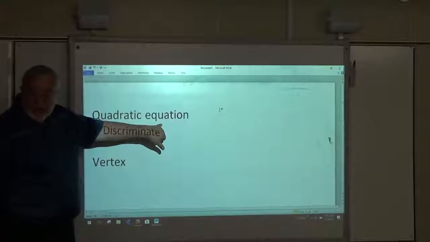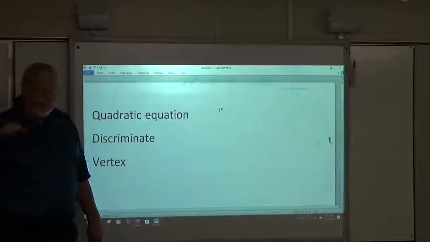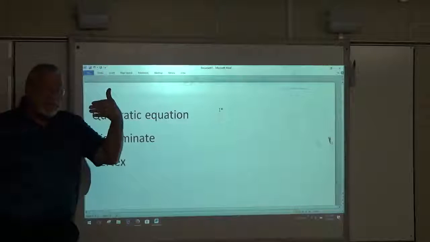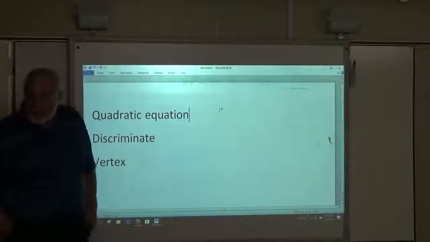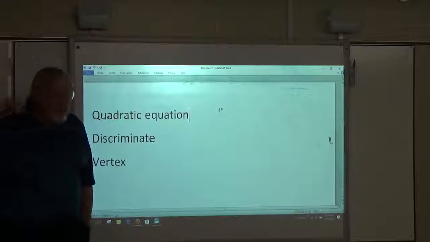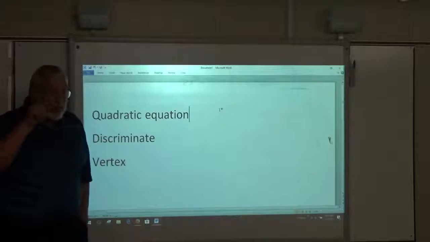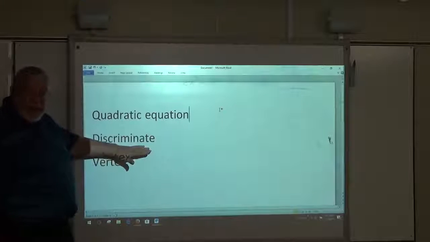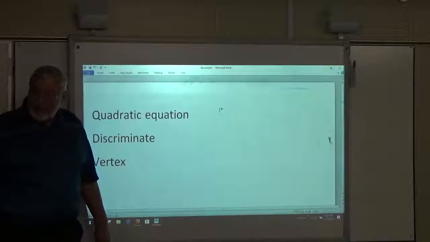One is the quadratic equation: you're supposed to understand how to look at the equation and produce the quadratic formula. Now, the discriminant is part of the quadratic formula. What part? It's the part under the square root radical, the b squared minus 4ac, and that has a bearing on the kind of answer you're going to end up with.